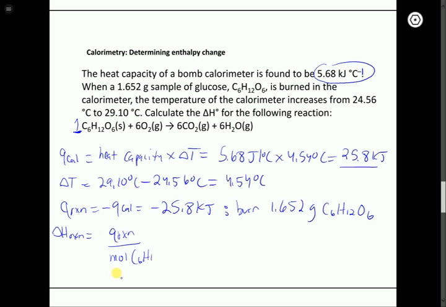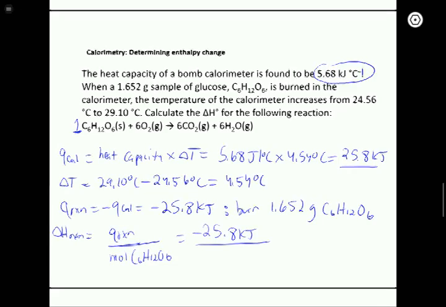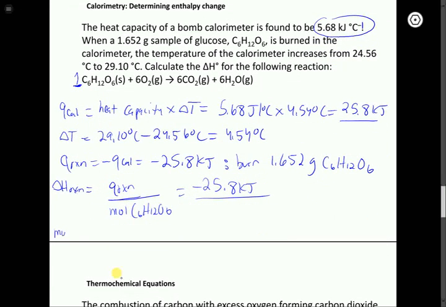So we will normalize this per 1 mole of glucose, which is the coefficient that we have in the balanced reaction. So we're going to put this value in, minus 25.8 kilojoules. We're going to divide that by the moles of glucose. So here the moles of glucose is just, we convert mass into moles. 1.652 grams.